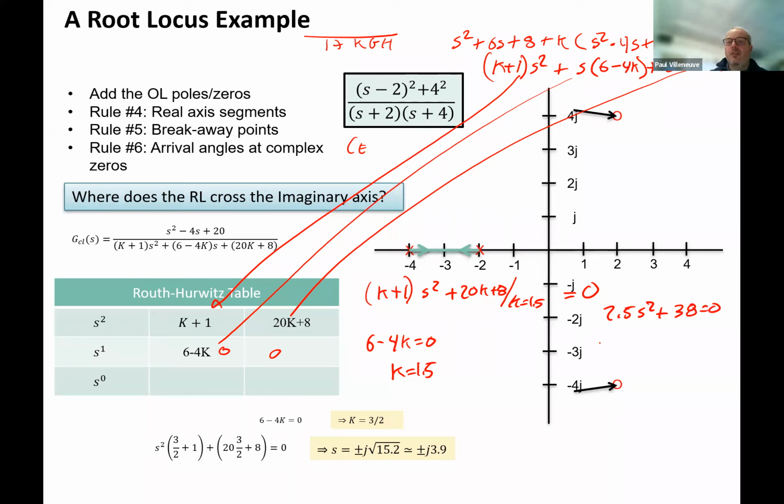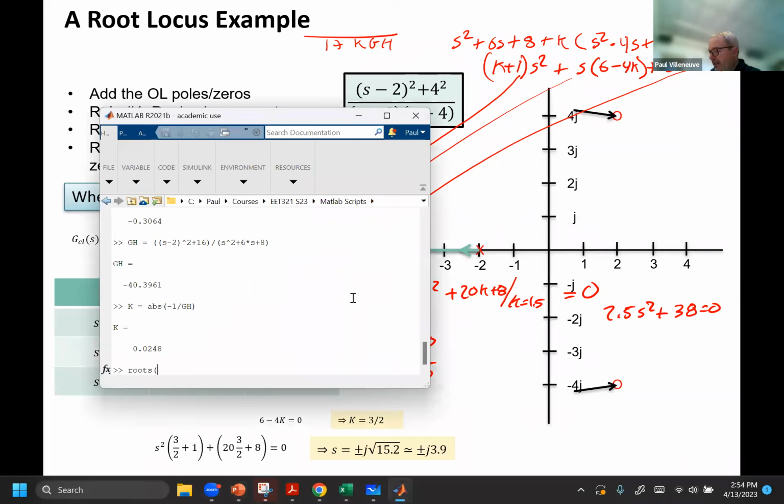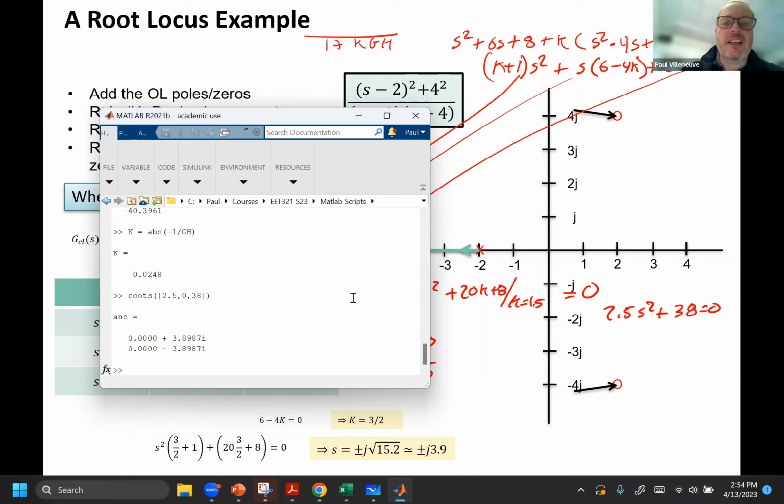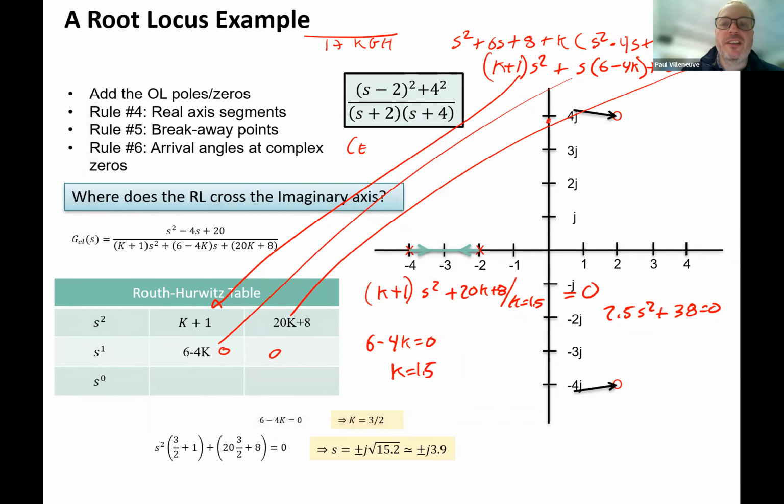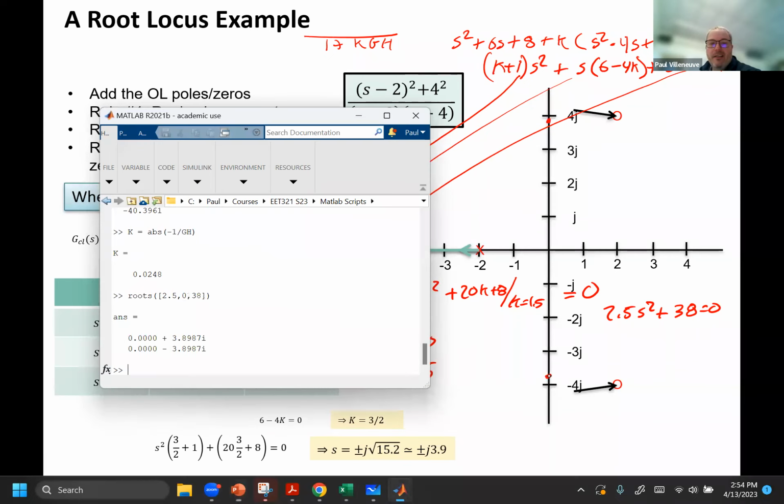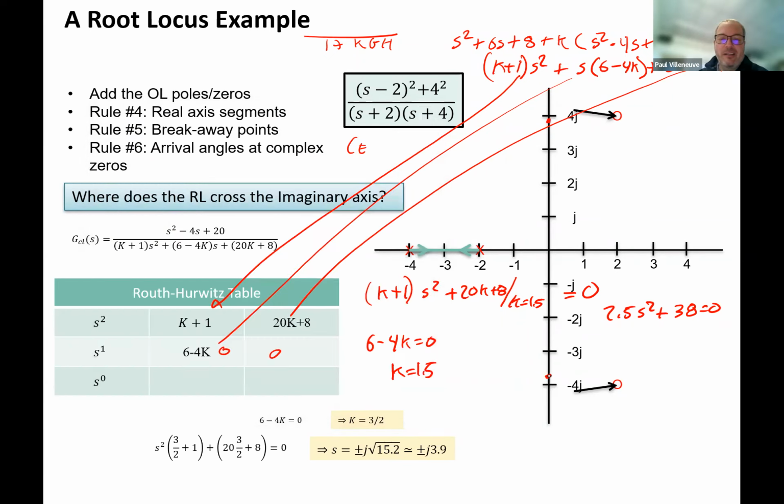If we solve for the roots of that, let me bring up MATLAB and type in roots of [2.5, 0, 38], with a 0 because there's no s term. And there are my roots. That is approximately where it crosses, about plus and minus j3.9. That's how you calculate that.